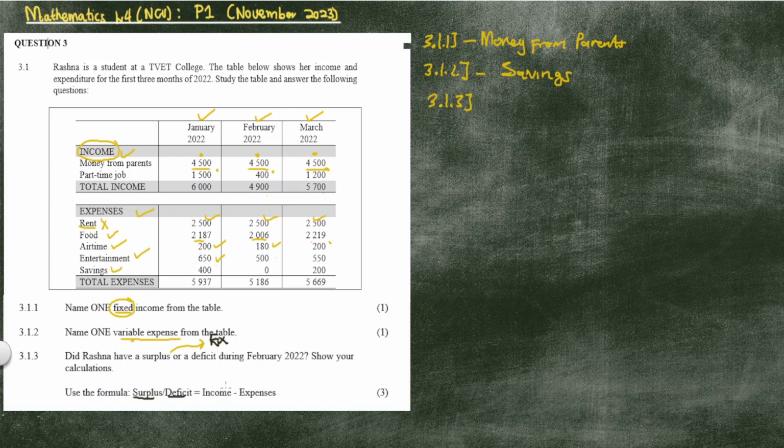Surplus or deficit is equal to income minus expenses, right? I would describe surplus as extra, because a surplus is the money that is left after subtracting the expenses from the income. It's money that remains behind.